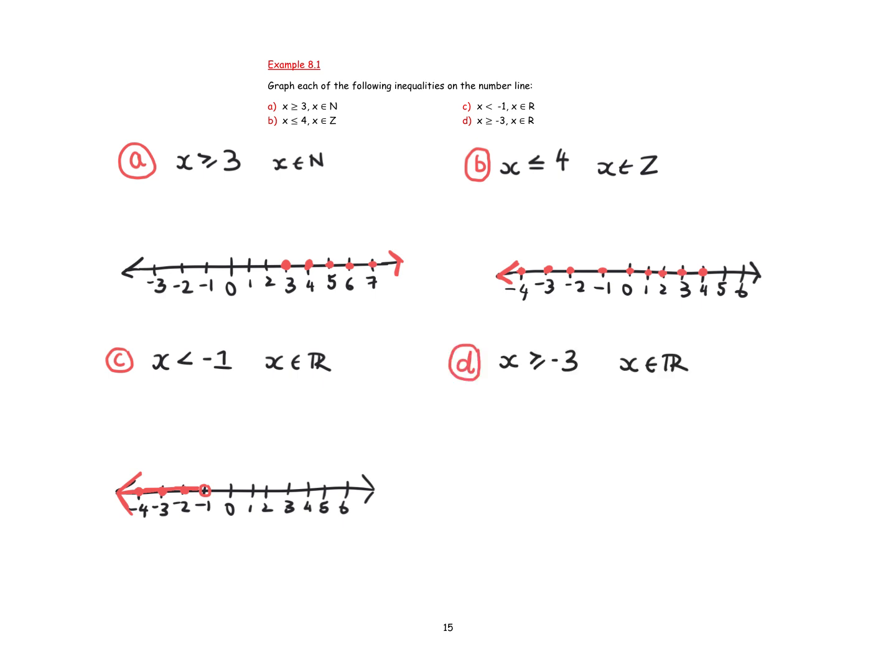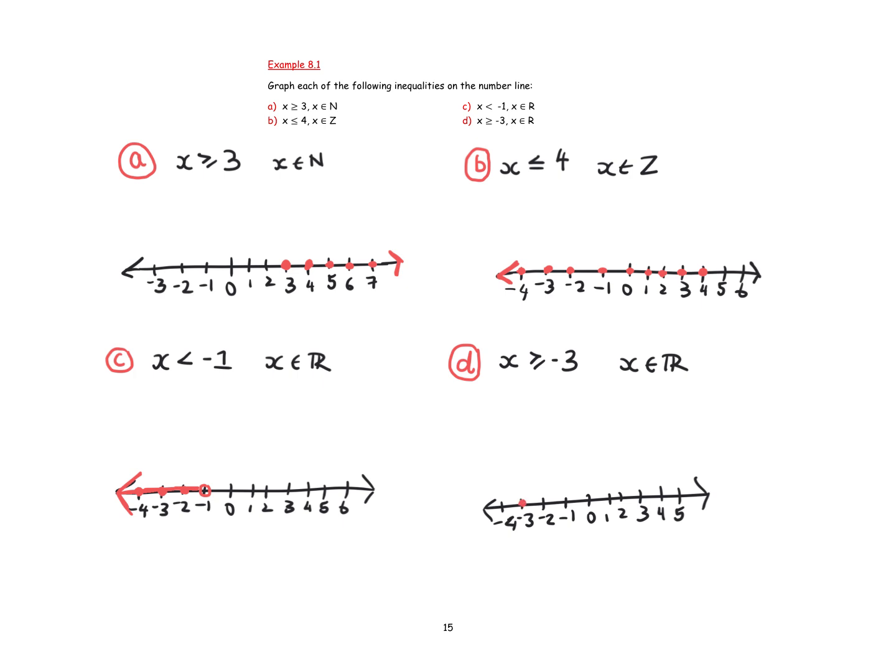D then is x greater than or equal to minus 3, and x is an element of the real numbers. I'm drawing my number line here. Now we have x is greater than or equal to minus 3.